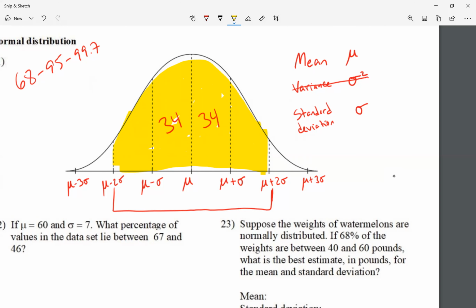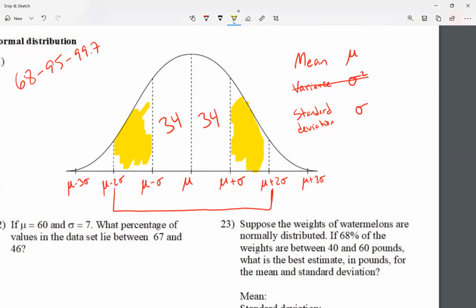Okay, so I know that between the first two is 68. So I'm just going to go 95 minus 68. 95 minus 68 is 27. I'm just trying to find out what values to put in these two sections, right? Because all four sections is 95, but I already have 68. So 95 minus 68 is 27.